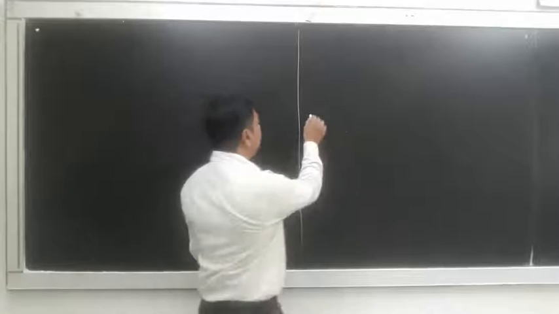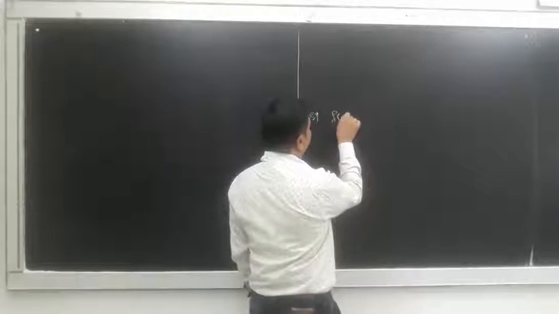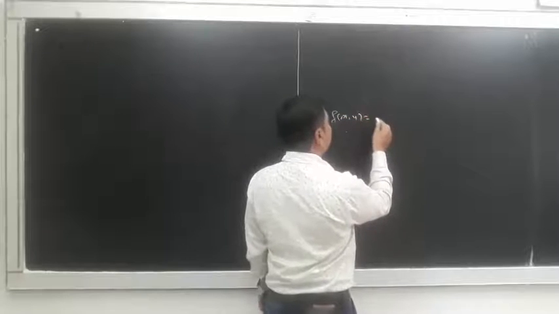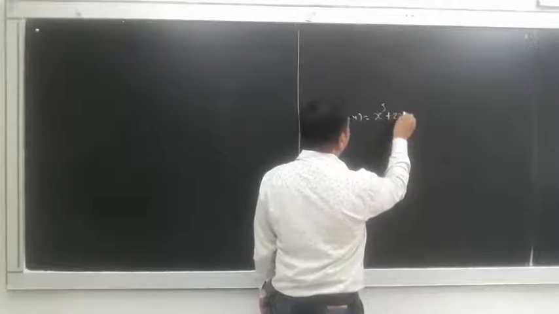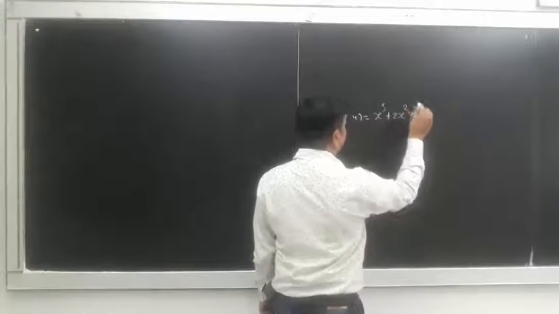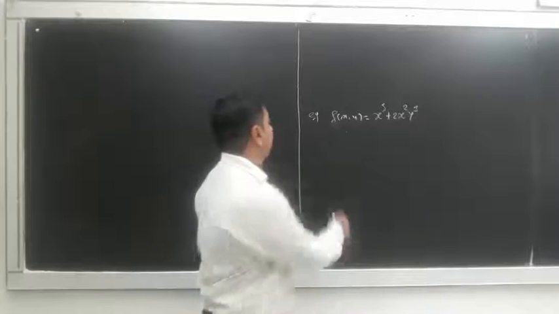Suppose for example f of x, y is equal to x cube plus 2x square y cube. So how do we find fx?